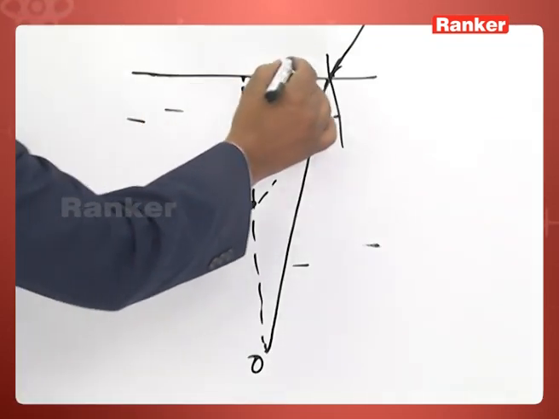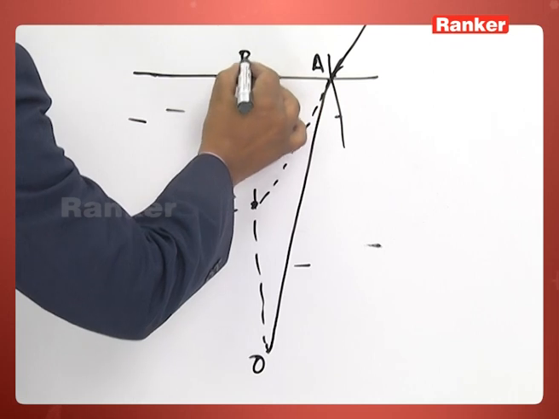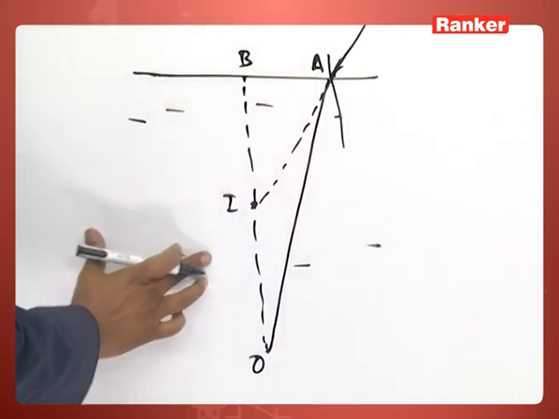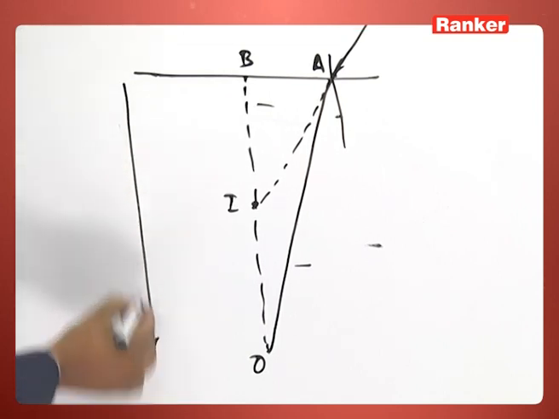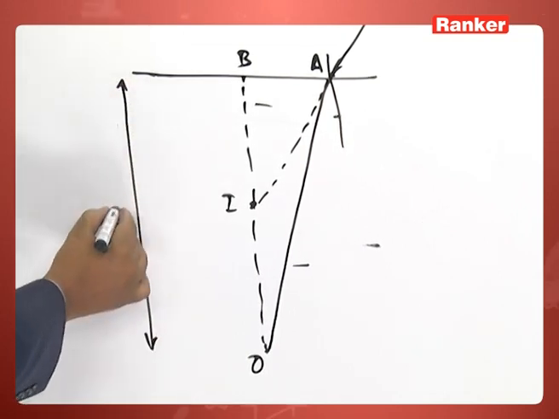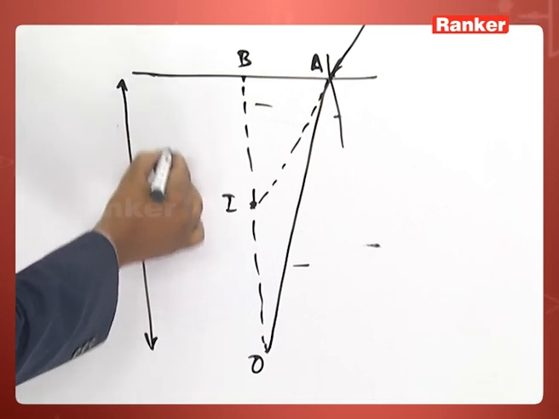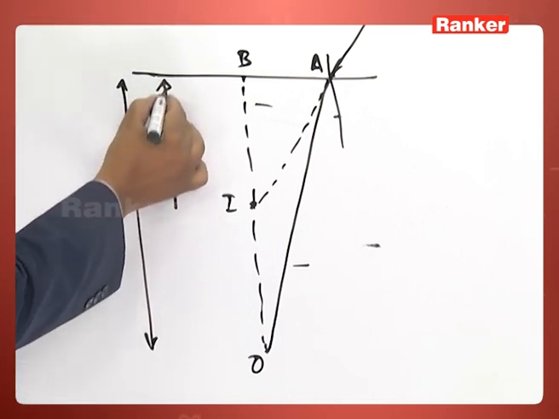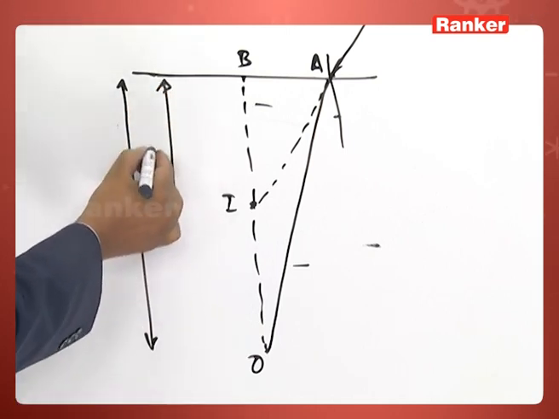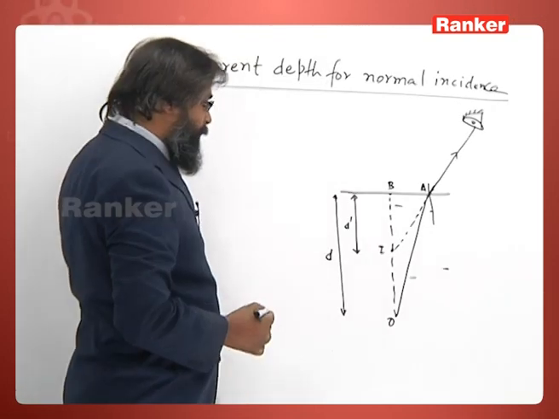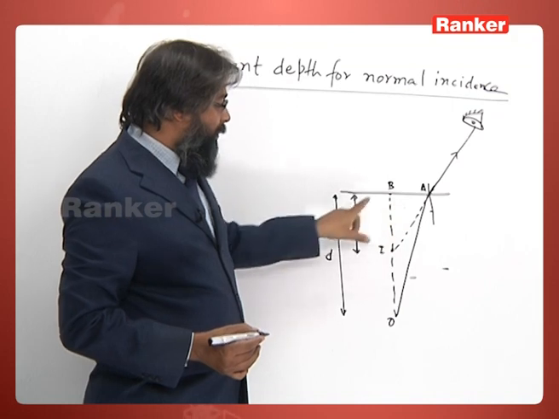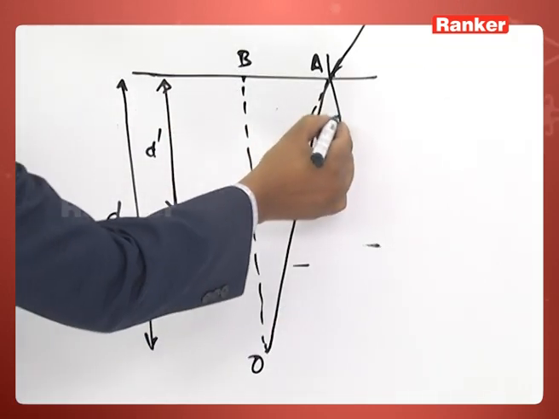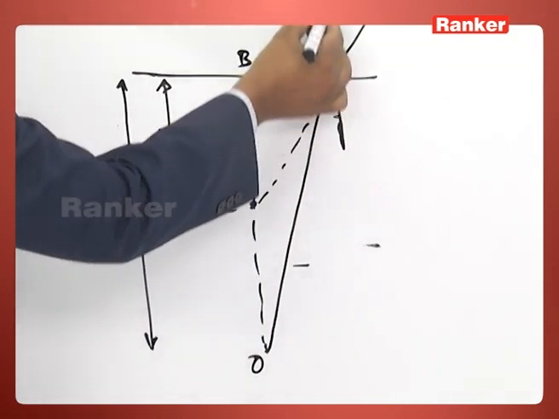So, let this point be called A and this point be called B, and let this distance be denoted by D and this distance be denoted by D dash. Depth D, what depth it appears to us is D dash. Now, here we will apply our Snell's law.